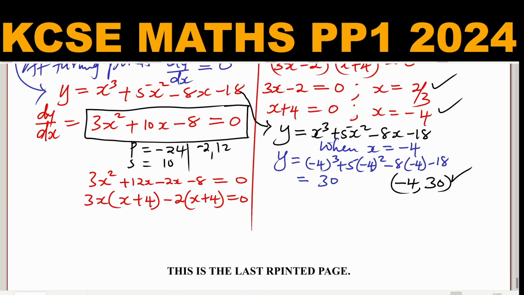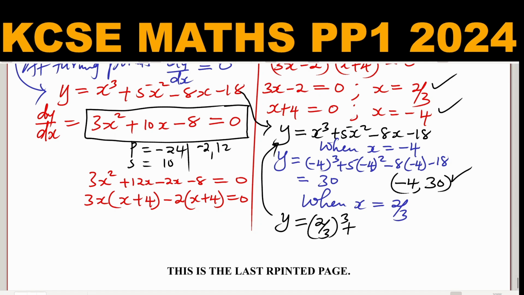The other one, when x is equal to 2/3, simply substitute there. So y is equal to 2/3 cubed plus 5 times 2/3 squared minus 8 times 2/3 minus 18. Again, be very keen here.